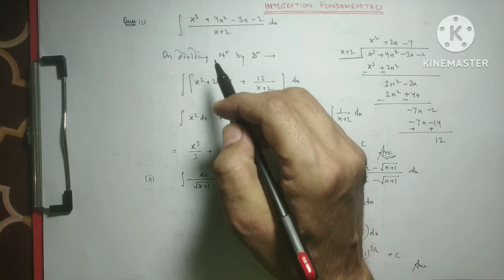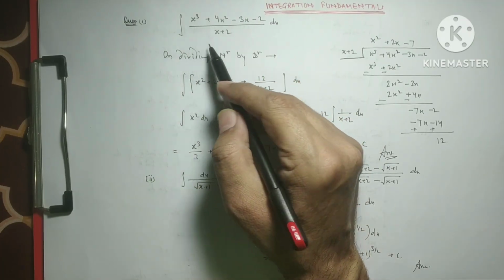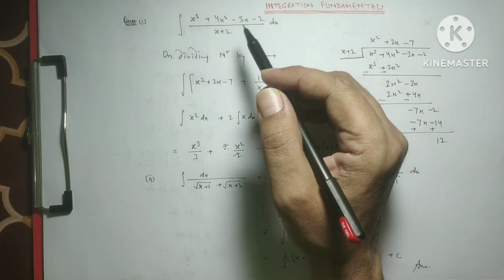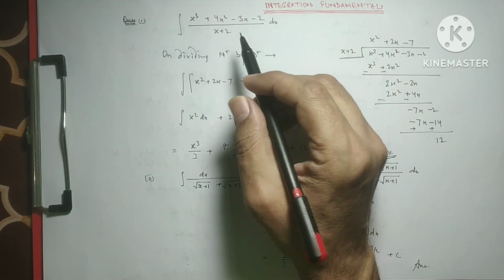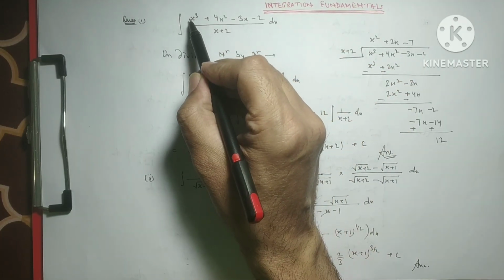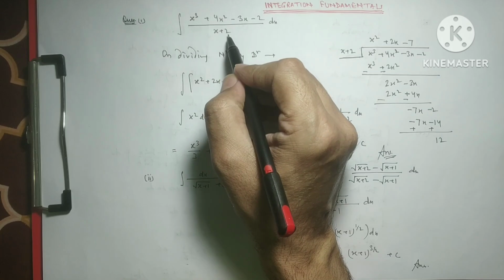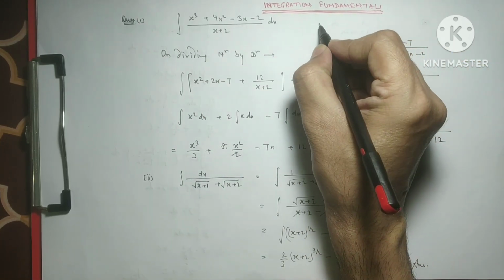So right now we are taking this question which is very simple, and the clue of this question is this: the degree of numerator is higher than degree of denominator.